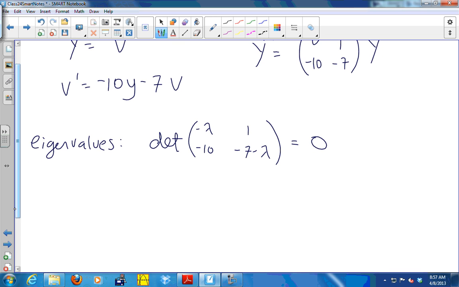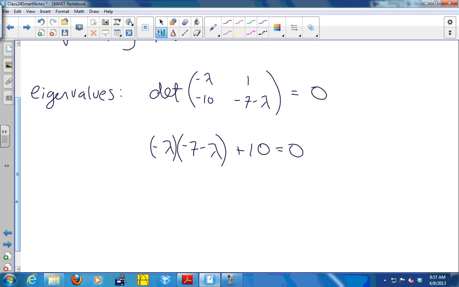So the determinant of this matrix, you do A times D minus B times C, so I have negative lambda times -7 minus lambda plus 10 equals 0. Multiply this out and you get lambda squared plus 7 lambda plus 10 equals 0.